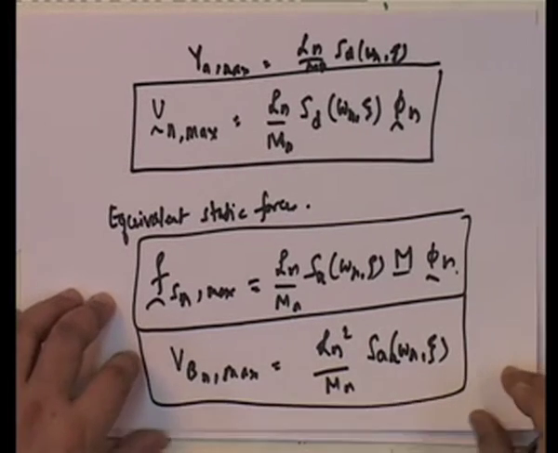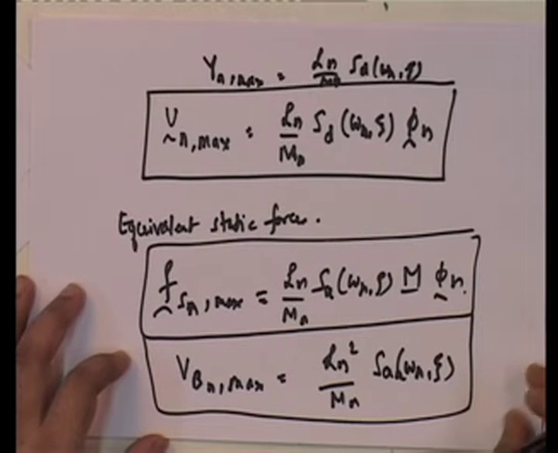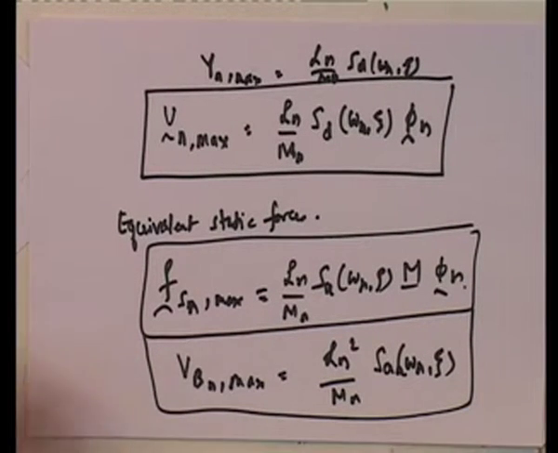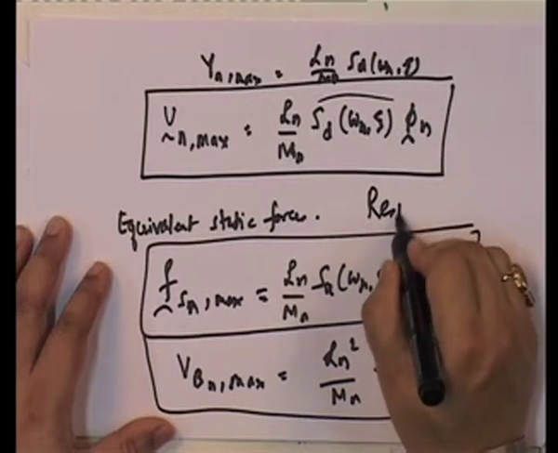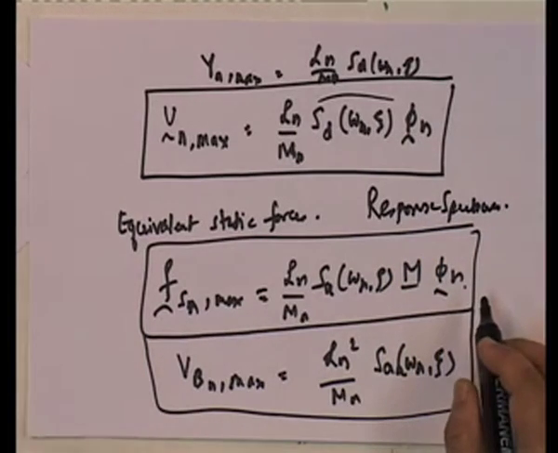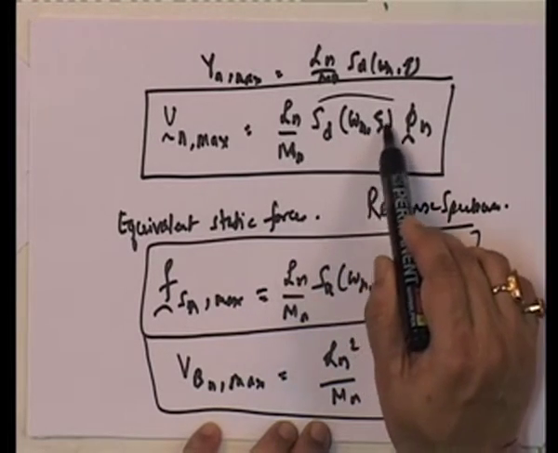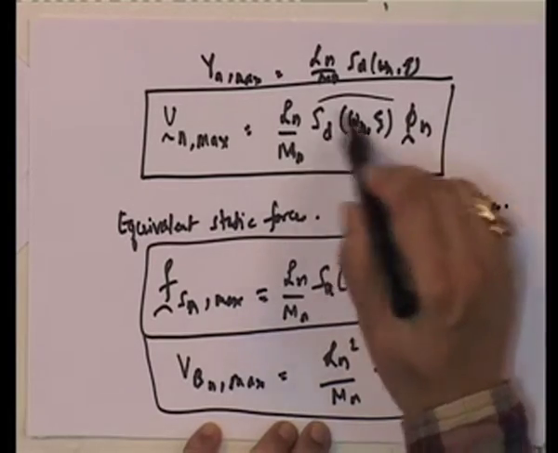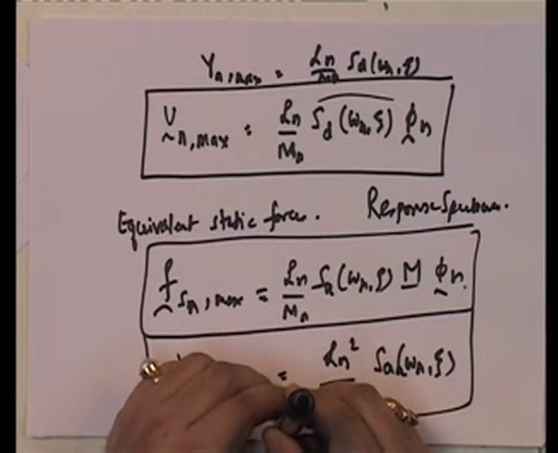The problem that we have here, and this is the point that I wanted to make, is that we can get every displacement in each mode, the peak value, in terms of the response spectrum. The only thing is that here for each mode, since it is omega n xi, the value of Sd and Sa are different. You have to take that particular omega n and then take it.